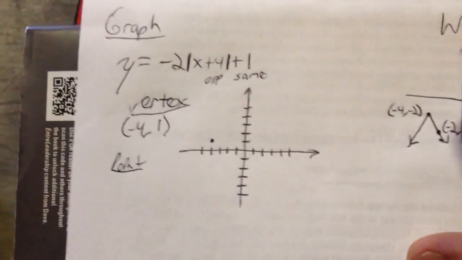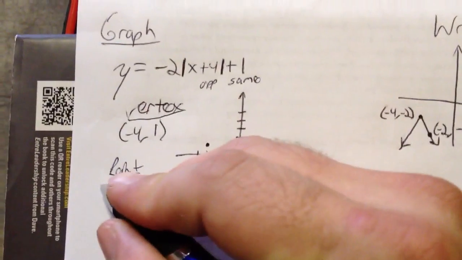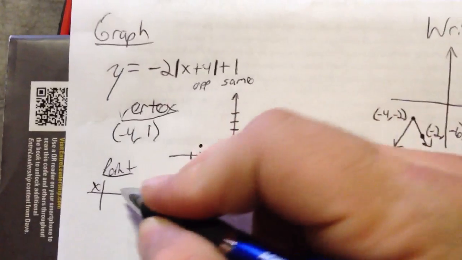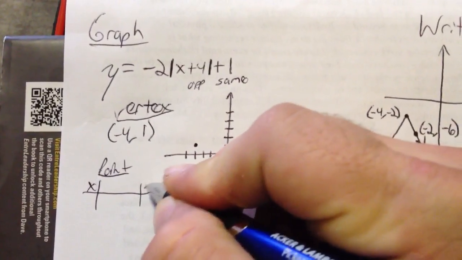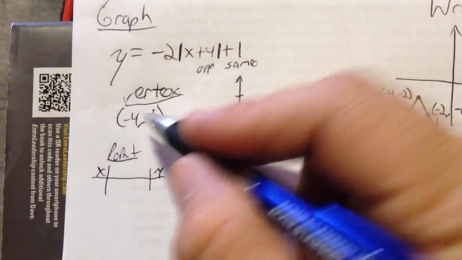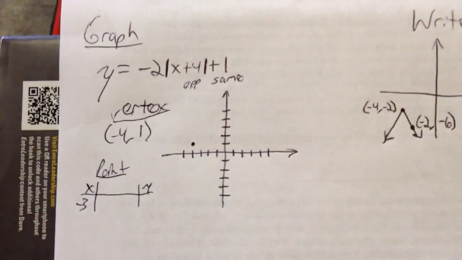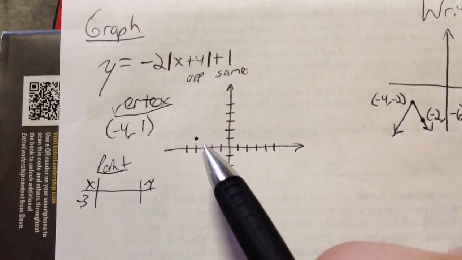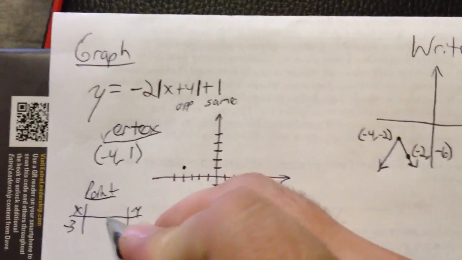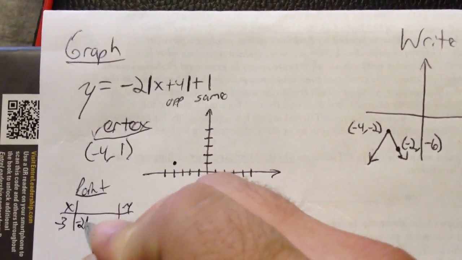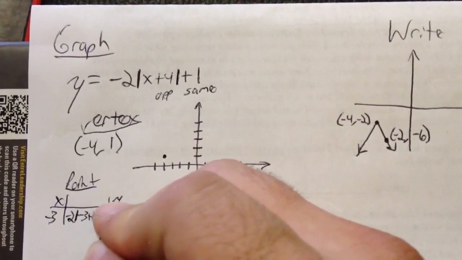if you don't want to use the slope, you can plug in any value except for negative 4, because that's the only value that will give you the exact same thing that you got for the vertex. So if we plug in something like negative 3, a number that's close to the vertex but on the side of it, if I plug in negative 3 into my function, negative 3 plus 4 would be 1.